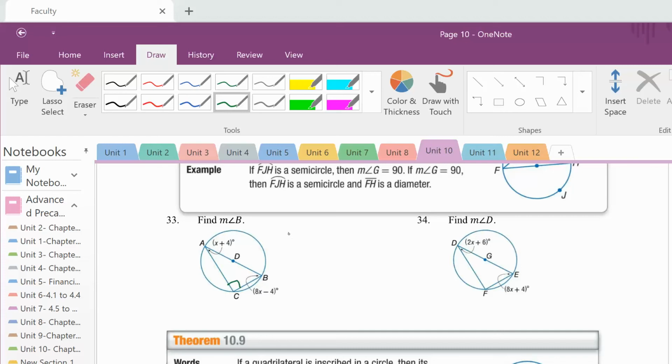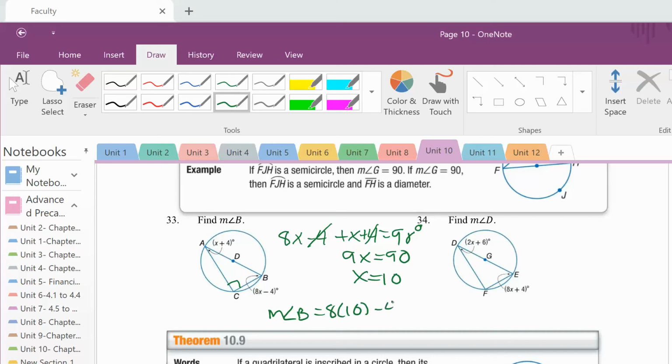So that means 8x minus 4 plus x plus 4 have to equal 90 degrees. So that means 9x equals 90, x equals 10. So the measure of angle B would be 8 times 10 minus 4, which is 76 degrees.